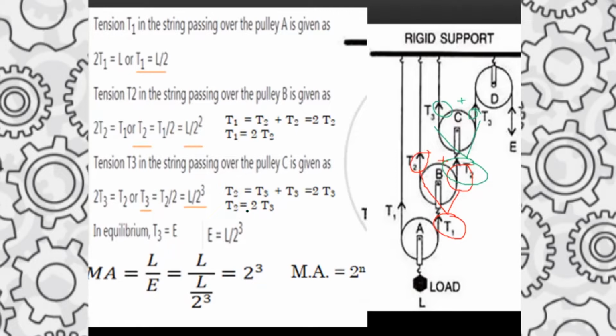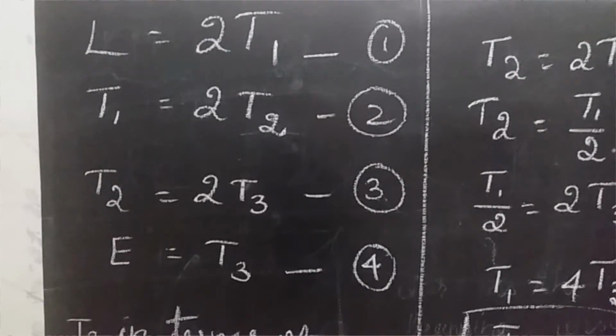This single T3 is equal to E, because as we saw earlier, for effort we will see only this side. So I can say T3 is equal to E. Why do we do all these calculations? Because we have to bring both load and effort in terms of single T. All this effort and load should be in terms of T1 or T2 or T3. That's what we are trying to do.